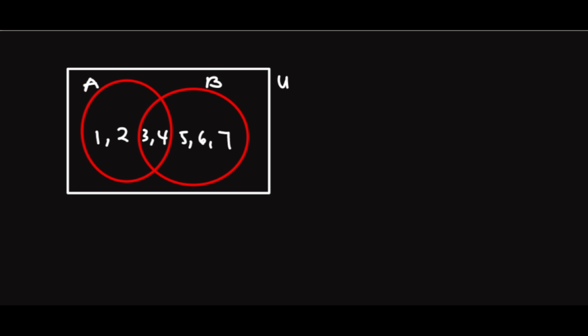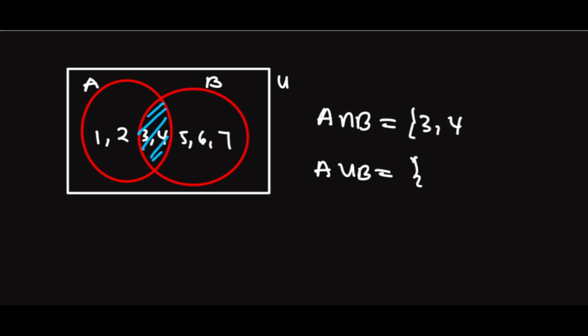In this diagram we are supposed to find A intersection B and A union B. So what is it going to be? So we can see that our intersection is this region here. So the elements in there are what? 3 and 4. So we write 3 and 4 for the intersection.